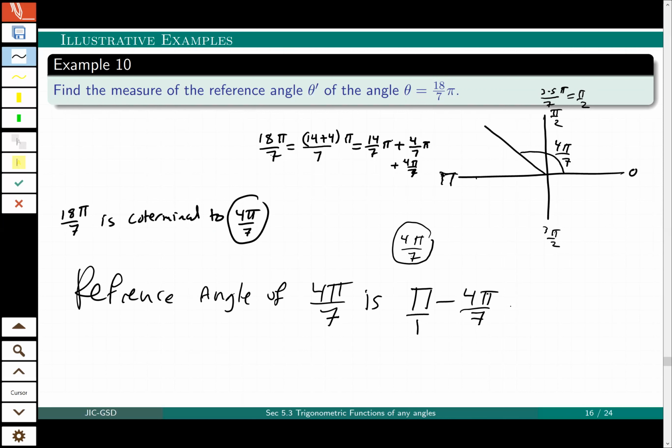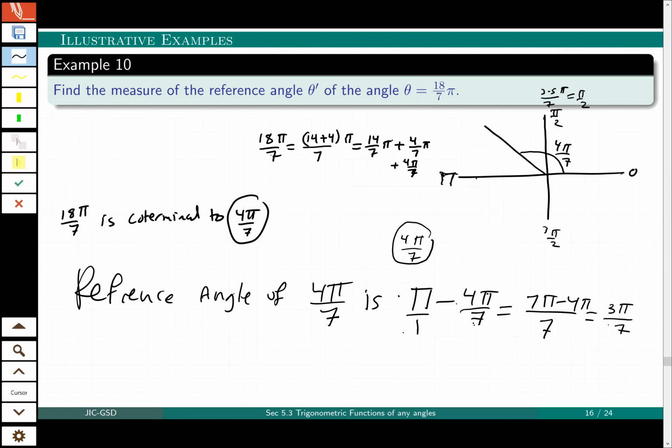So that's 1. So 7 times 1 is 7. 7 times pi is 7 pi. And 1 times minus 4 pi, minus 4 pi. So that will be 3 pi over 7. It's the reference angle.